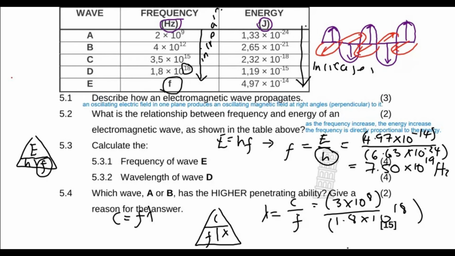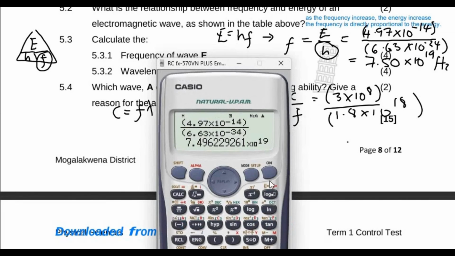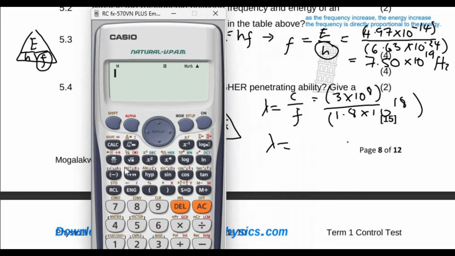The wavelength is going to be equal to 3 multiplied by 10 raised to the 8, close that bracket, divided by 1.8. If you're working with very large numbers, it's very important to open those brackets.